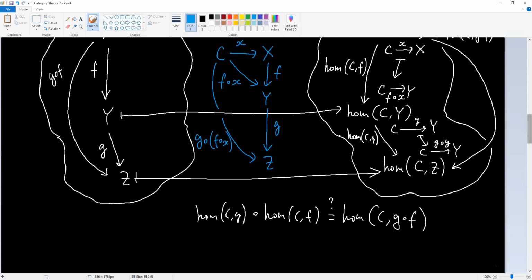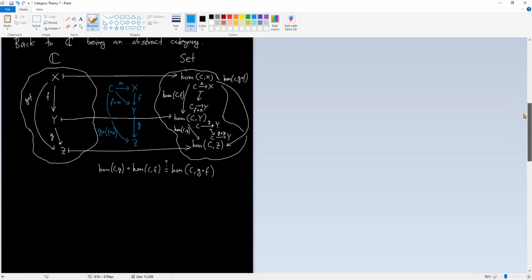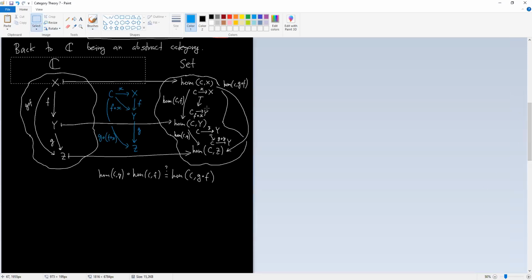So let's write also the corresponding algebraic computation here. I'm going to make this a bit smaller.